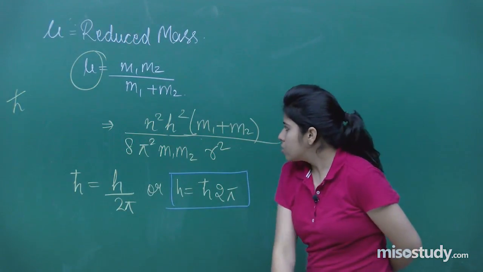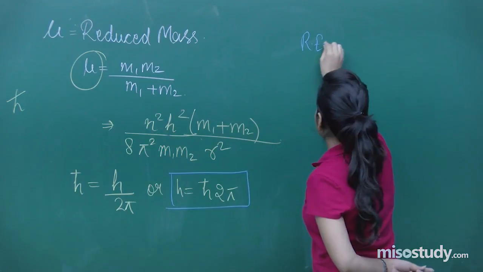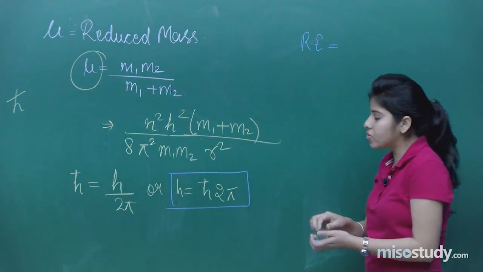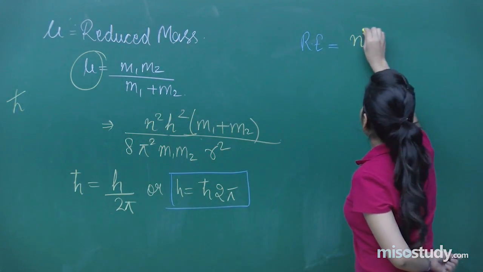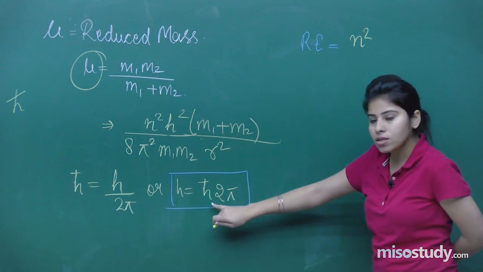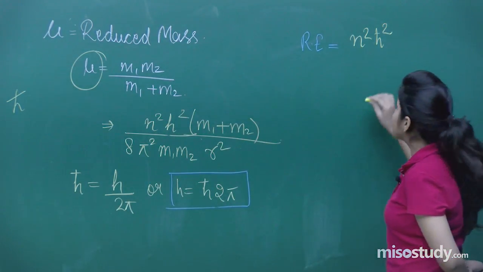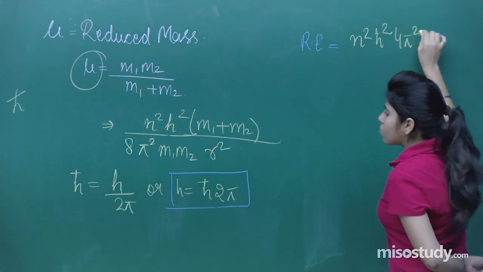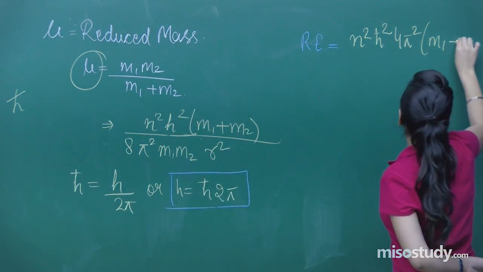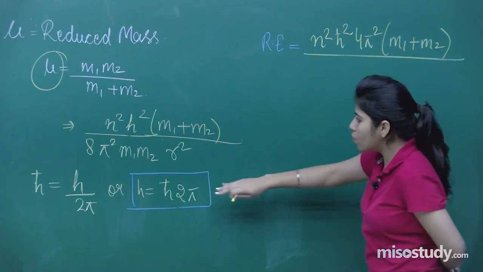Okay. So we are now having the energy, rotational energy, let me just write it as RE, that means rotational energy, that is n square into h square. Now in place of h square you are going to put h cross square into 4 pi square, 4 pi square into m1 plus m2. Till then you can do the calculation along with me.